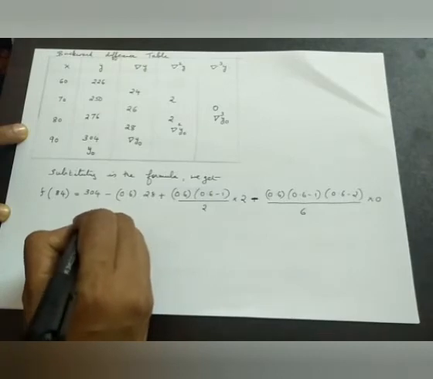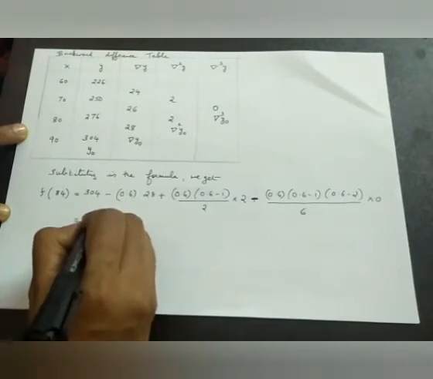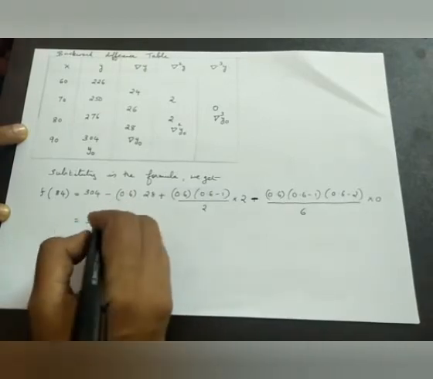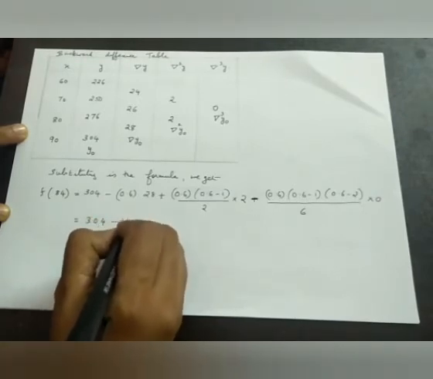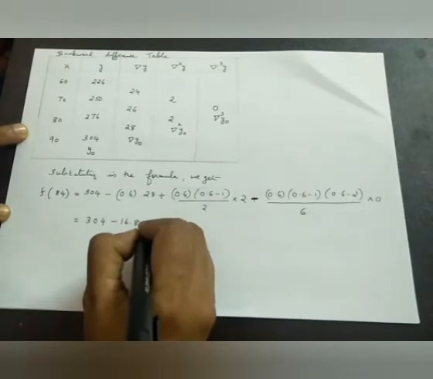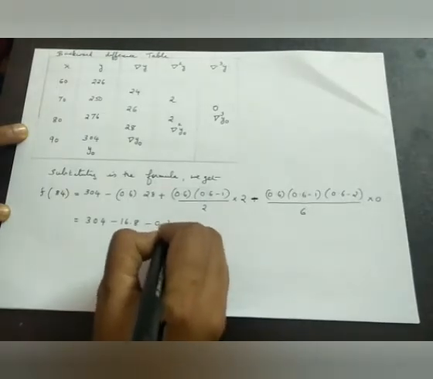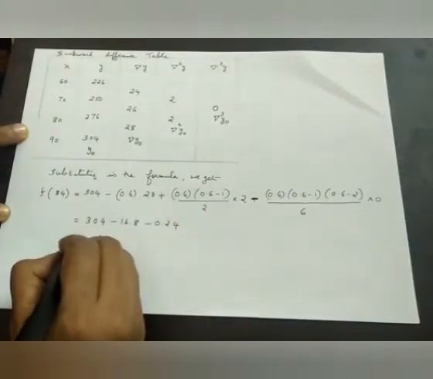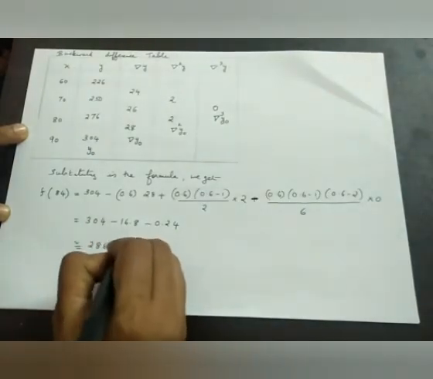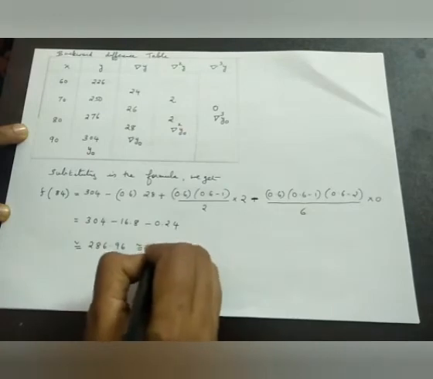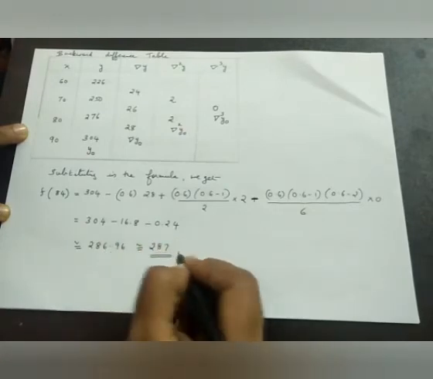Now on solving using a calculator, we will get 304 minus 16.8 second term. Third term will be minus 0.24, that is approximately 286.96, which is 287.